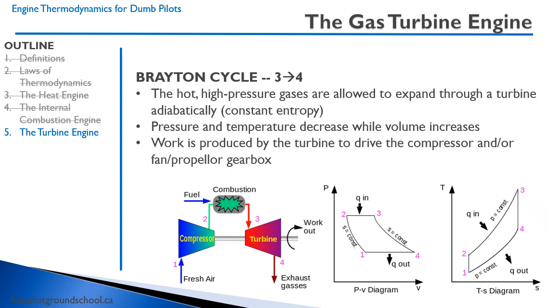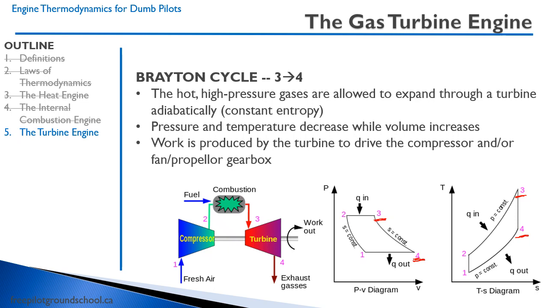Okay. And then from 3 to 4, this is the combustion gas going towards your turbine. So again, it's adiabatic, 3 to 4. The temperature decreases while entropy remains constant. And then here in the PV diagram, you have a reduction in pressure, but an increase in velocity. So this is after combustion when things are expanding, right?